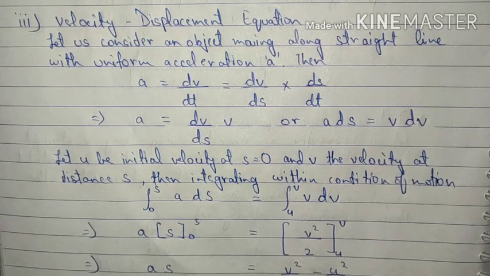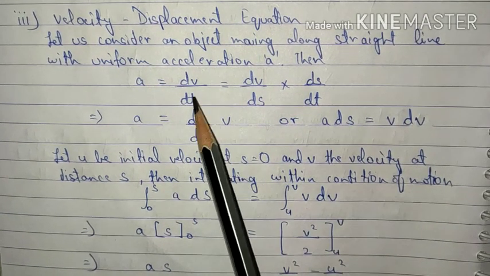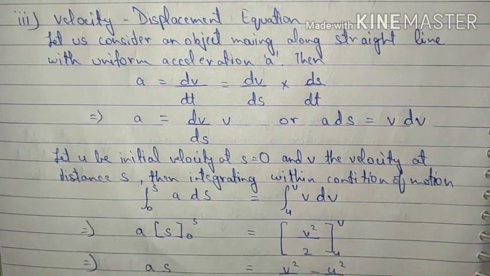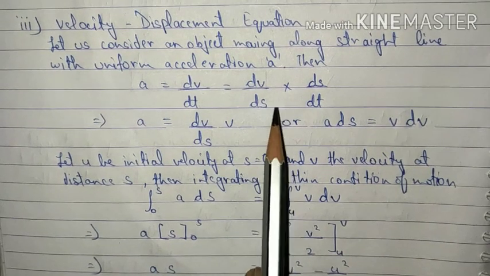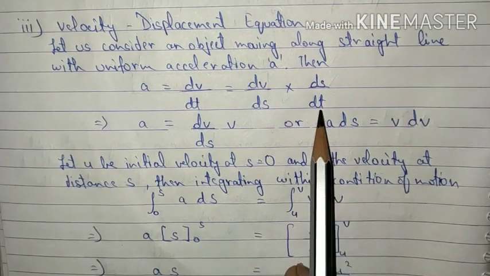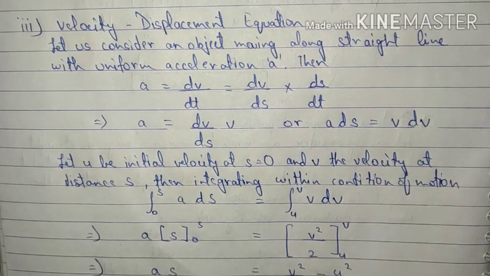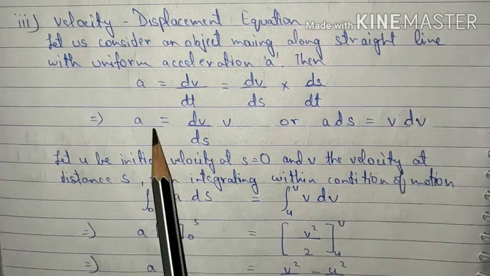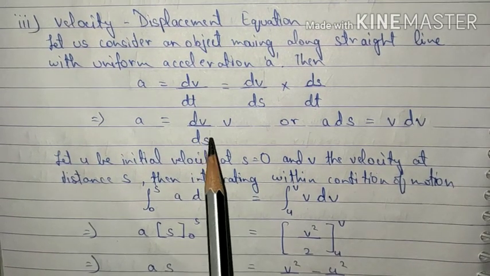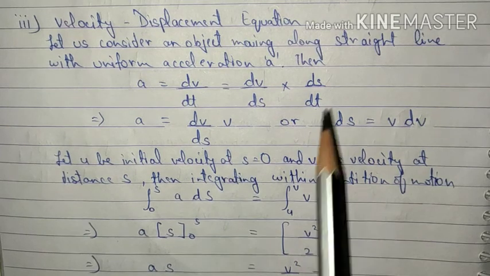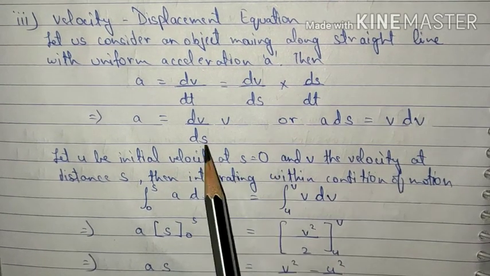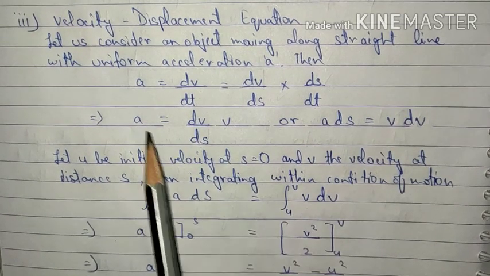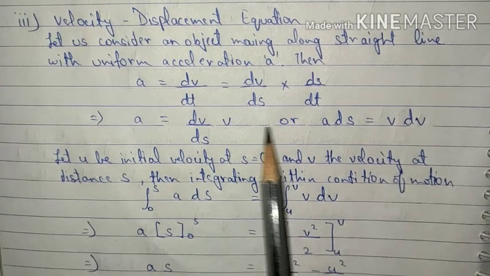Now further differentiating numerator and denominator with respect to ds, we can write it as dv upon ds into ds upon dt, which can also be written as a is equal to dv upon ds into v, because ds upon dt is equal to v. Or rearranging it, we can write it as a ds is equal to v dv.